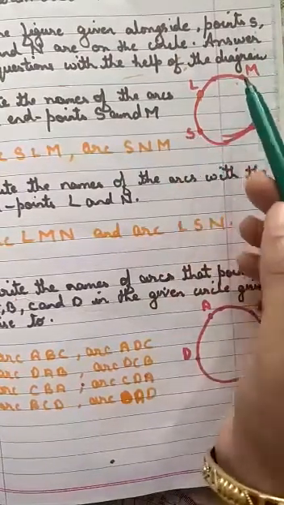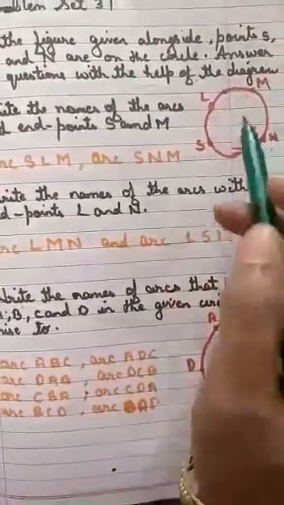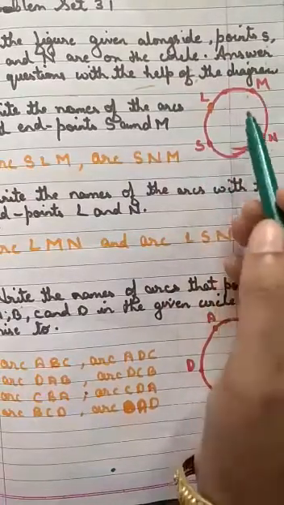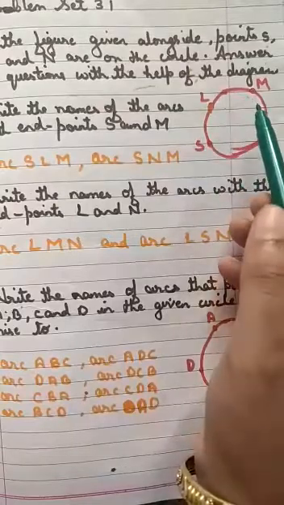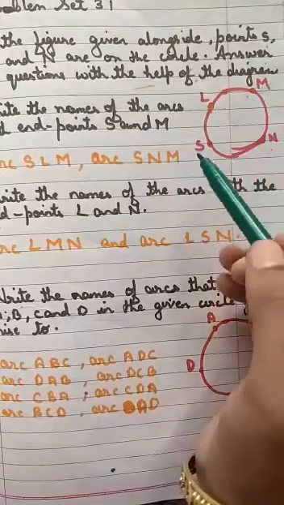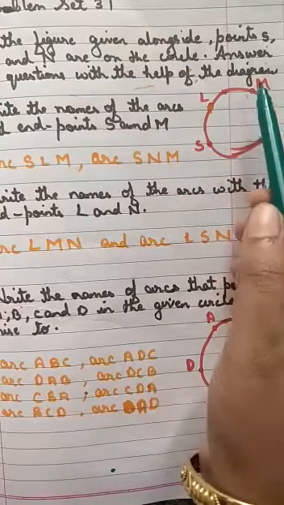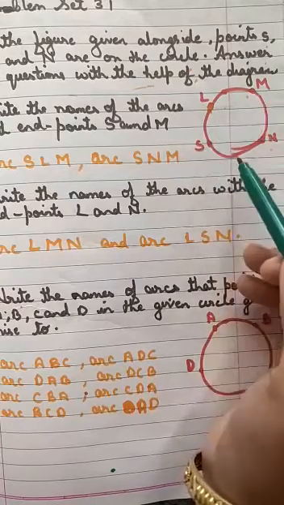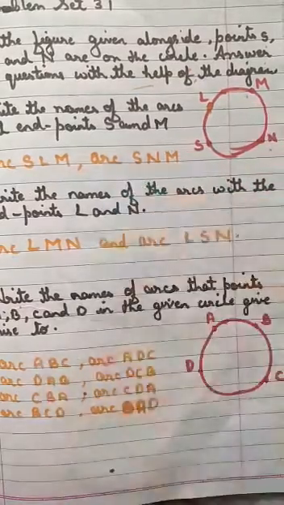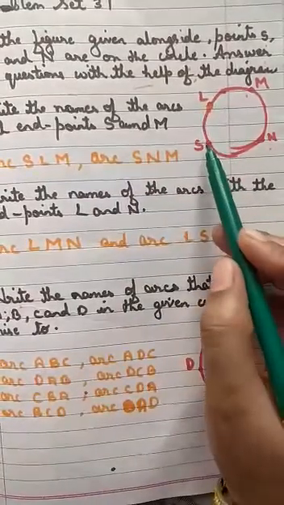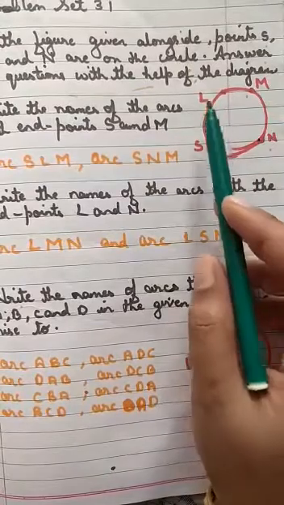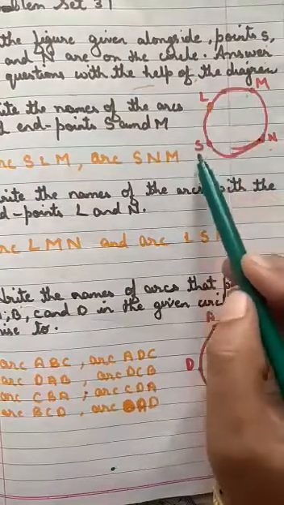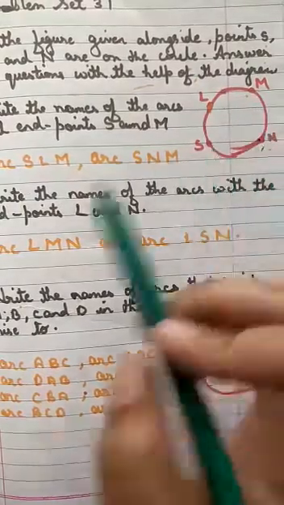Starting from S and ending at M. So we can write here starting from S and ending at M, or we can say starting from M and ending at S. Means the 2 end points should be S or M. So arc S, N, M or arc S, L, M. Understood? So we can also say arc M, L, S or arc M, N, S.